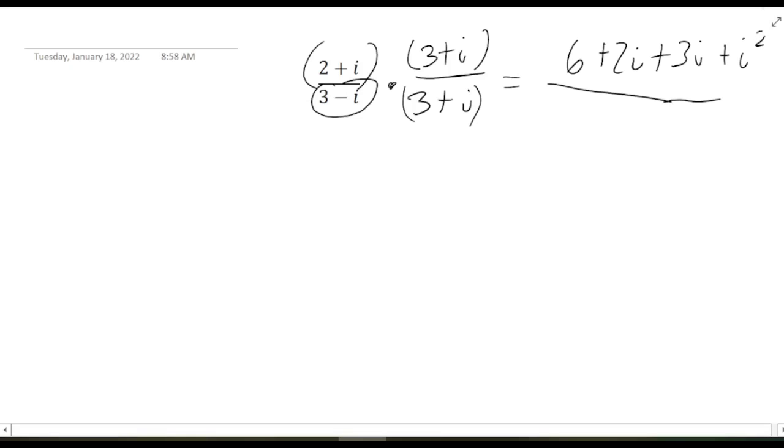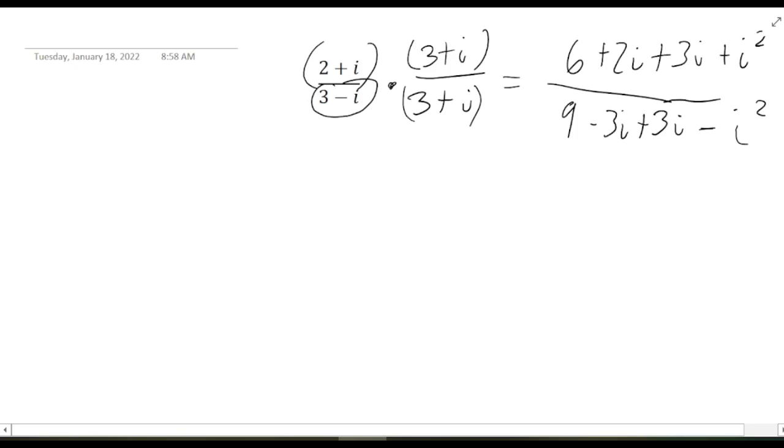Right? And now let's look at the bottom. 3 times 3 would be 9. And then negative i times 3 would be minus 3i. And then outer would be plus 3i. Last would be a negative i squared.